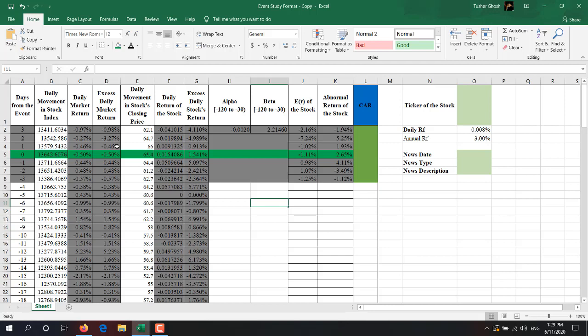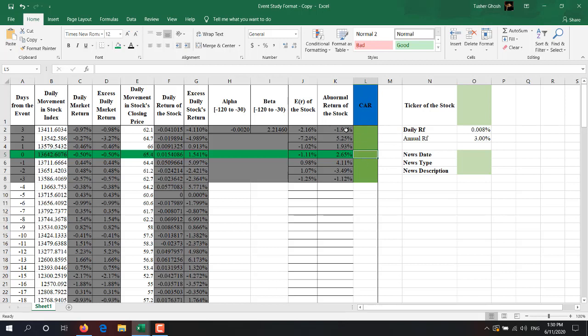First of all, you need to get the data, run this analysis, get alpha, beta, expected return. But be careful that at every point there is a possibility of making a mistake. If you make some mistake, maybe the mistake is silly, but it will ultimately give a wrong estimation of the cumulative abnormal return.